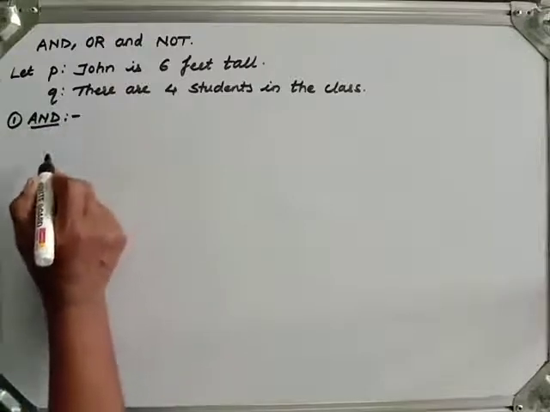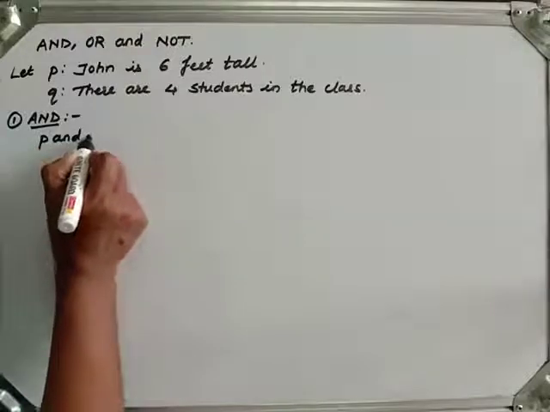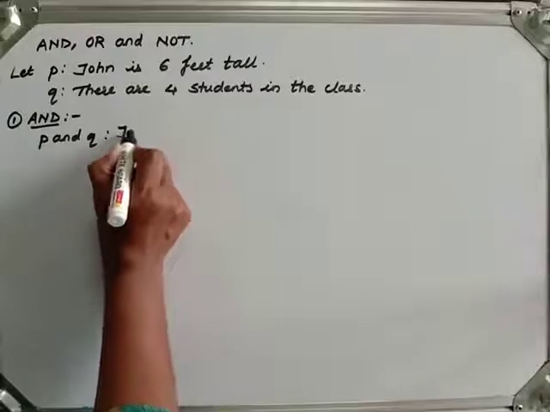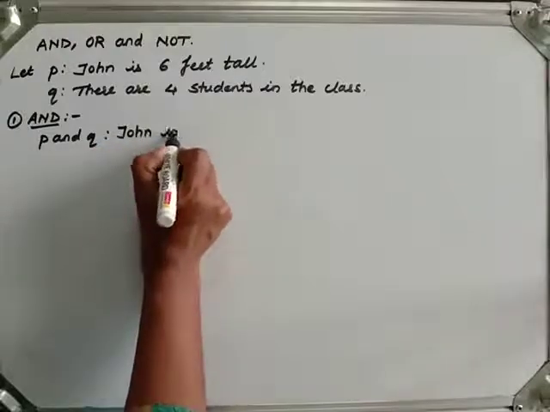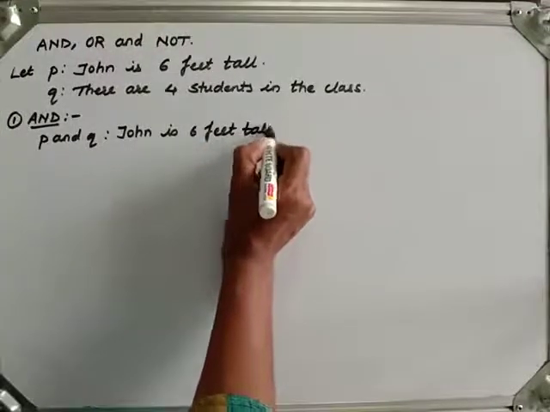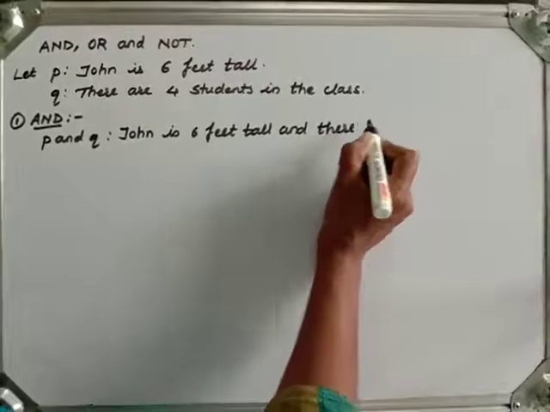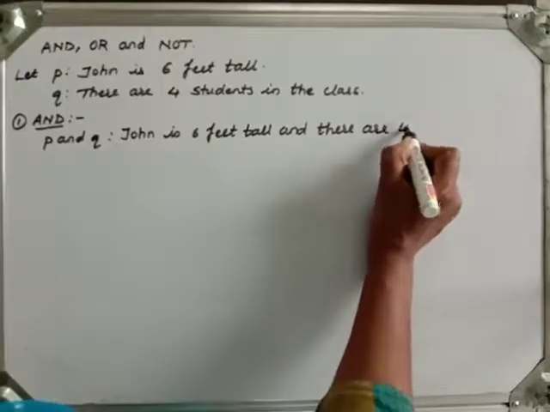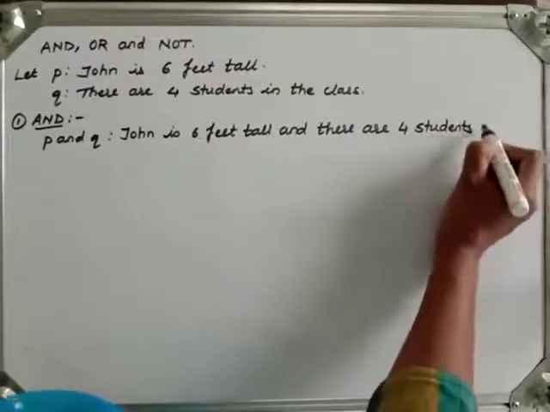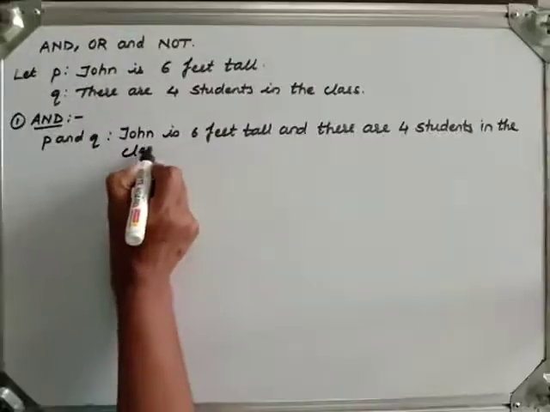So using AND, how does this statement become? I will write P and Q. That statement becomes John is 6 feet tall and there are 4 students in the class.